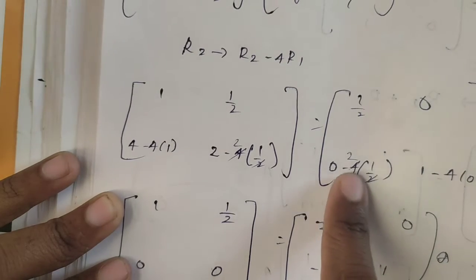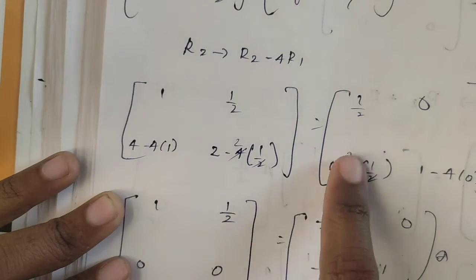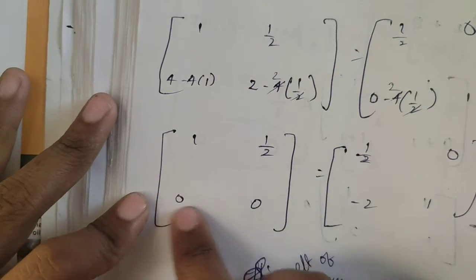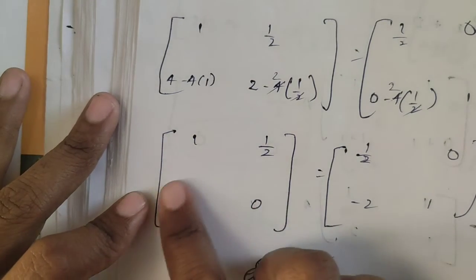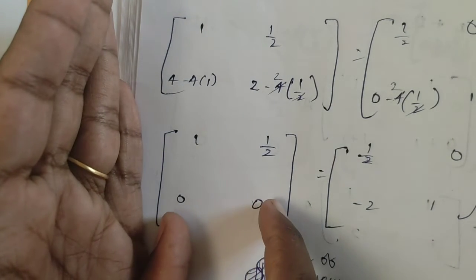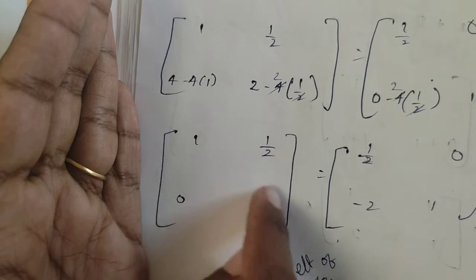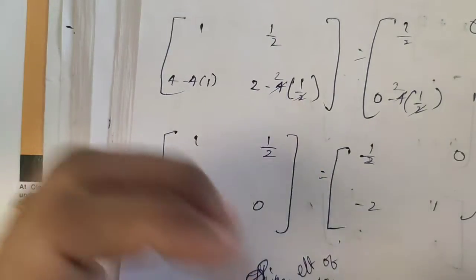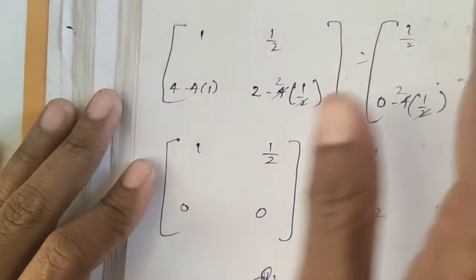Then 0 minus 2 is minus 2, and 1 minus 0 is 1. In this problem, on the LHS of the matrix, one of the rows contains all the elements as 0. Therefore, A inverse does not exist for this given matrix.